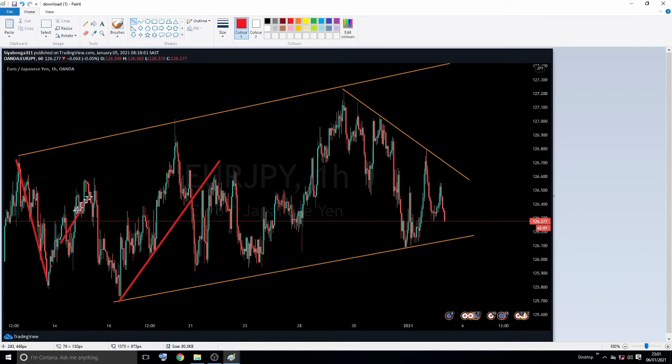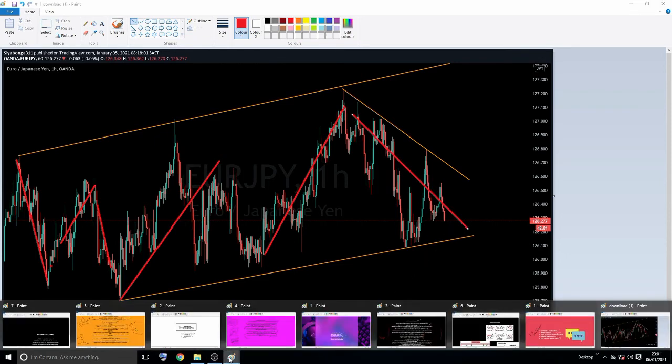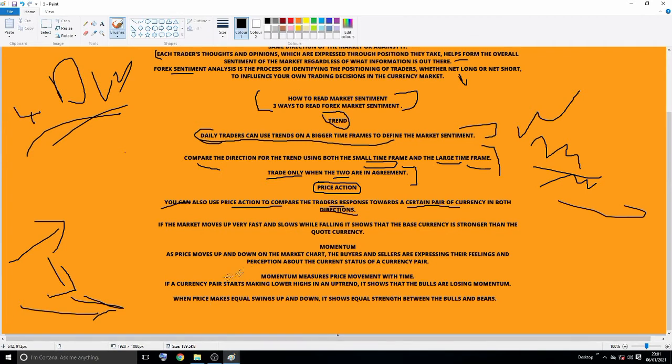Things like that. That's price action. How is the price moving? Is it creating big highs or creating big lows? We are looking at how the price is moving to try and determine where you can go with the market.